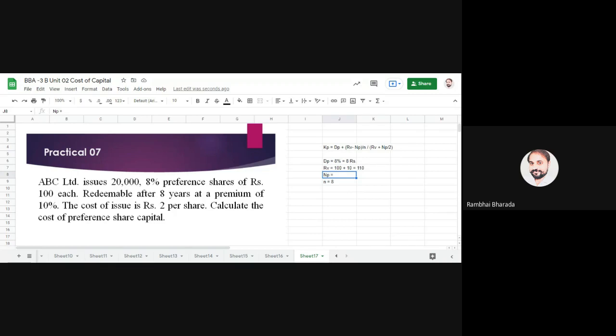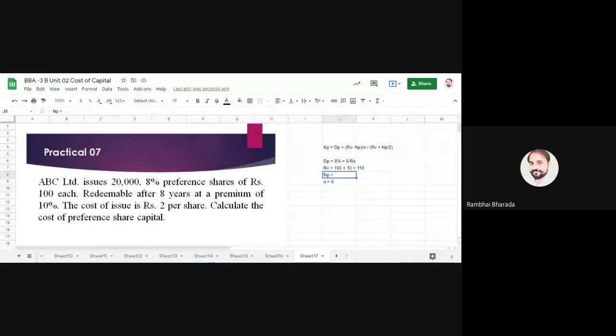So specifically, for NP at a time of issue, the company issues 20,000 shares at rupees 100. At a time of issue, is there any information about the premium or discount? See the first line, because always we have the first line about the issue.